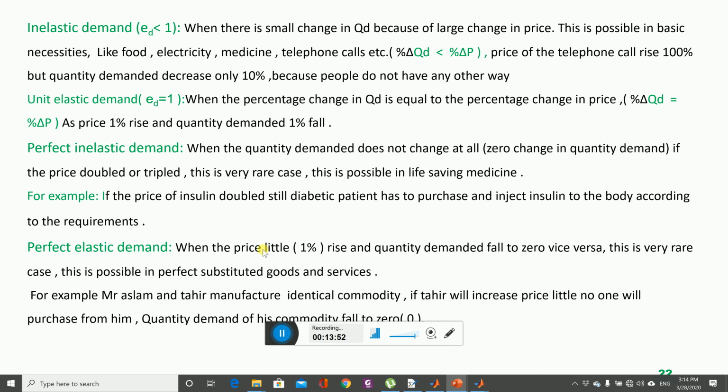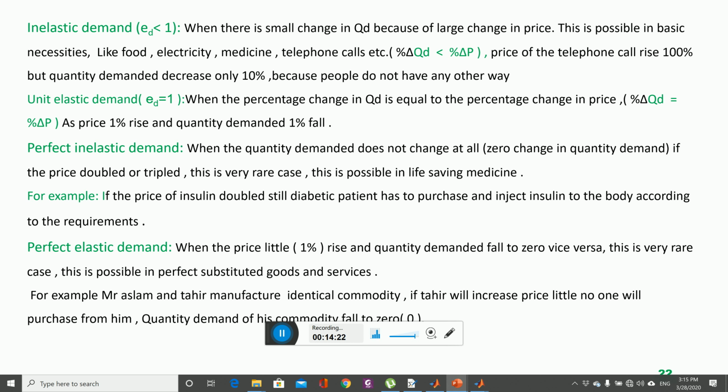Perfect elastic demand usually happens with very close substitutes, when there is a very small change in the price and quantity demanded changes by a large amount. It means two companies manufacture exactly identical products: same features, same function, same warranty, same guarantee, same design, same packing.